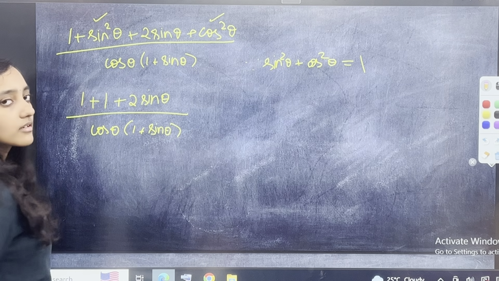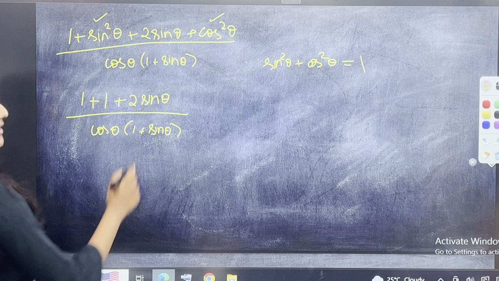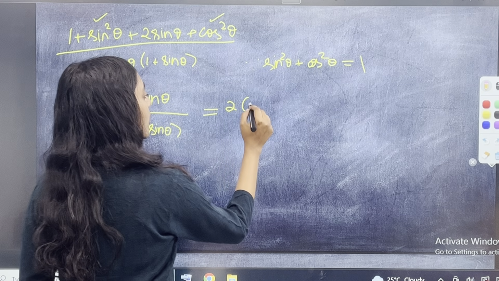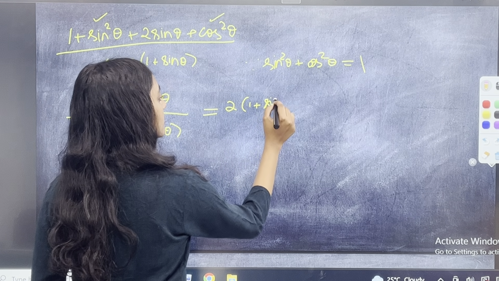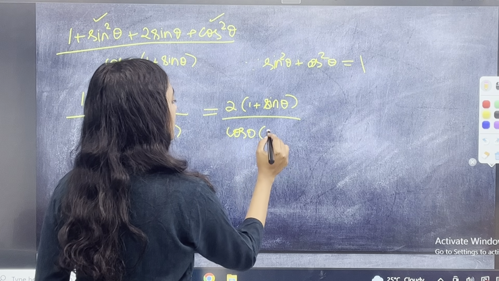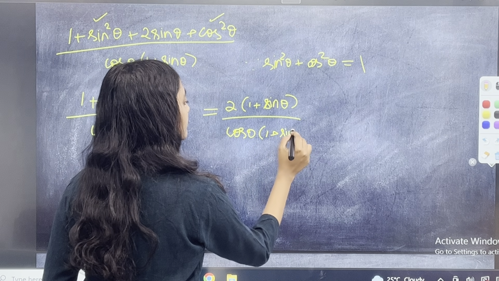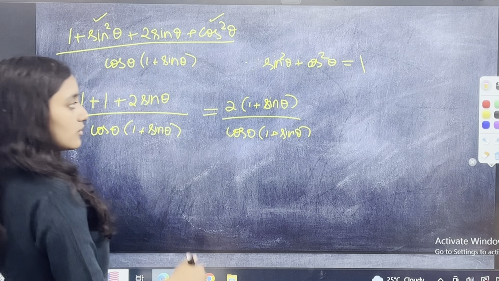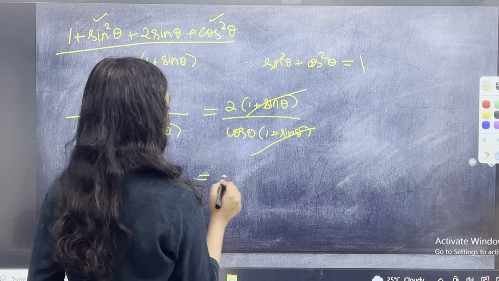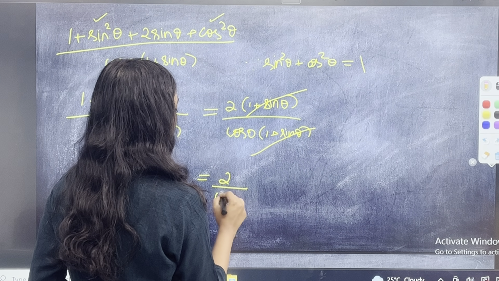1 plus 1 is 2, 2 plus 2 sine theta, you can take 2 common. So 2 into 1 plus sine theta divided by cos theta into 1 plus sine theta, right? 1 plus sine theta gets cancelled out. So you have 2 by cos theta.